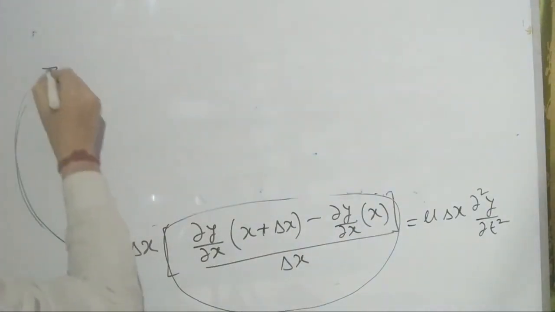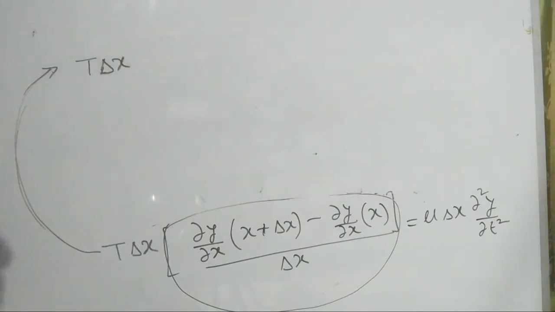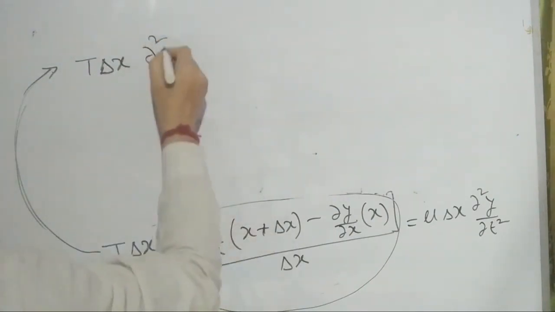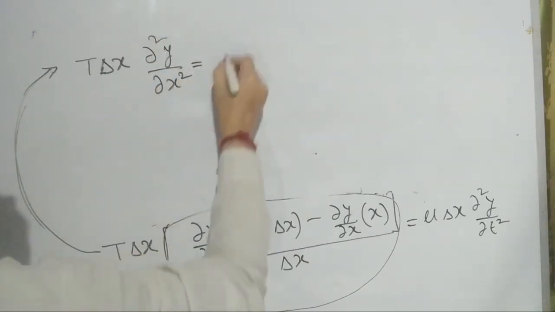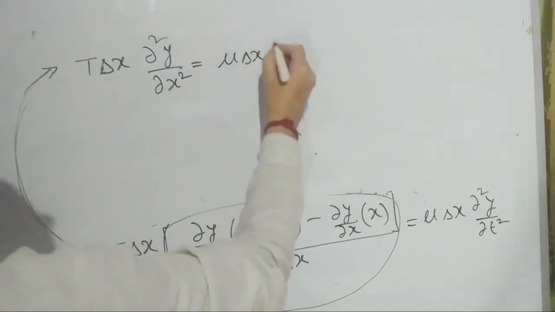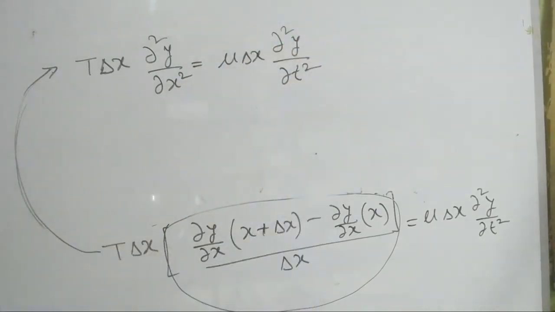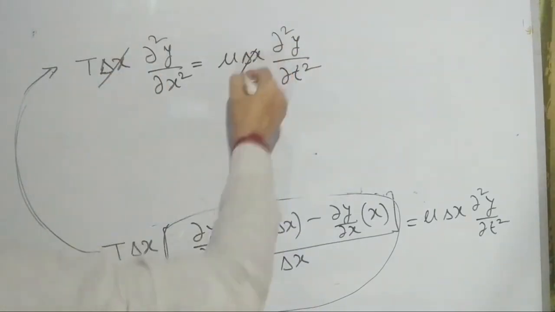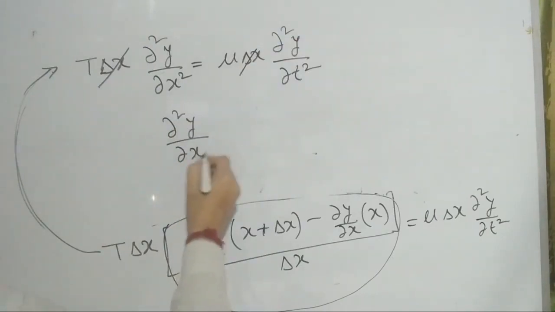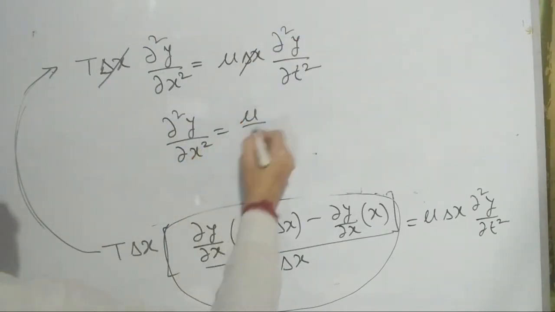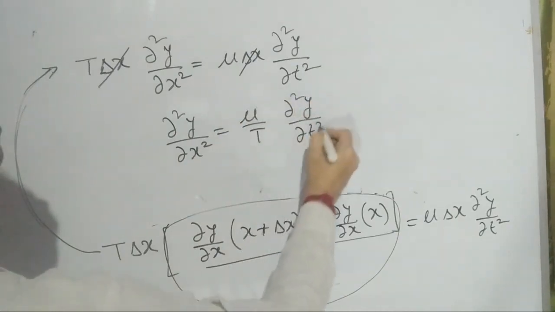What you can write is tension times delta x, and this thing is del square y by del x square, equal to mu delta x into del square y by del t square. So delta x is getting cancelled. So del square y by del x square is equal to mu by T del square y by del t square.